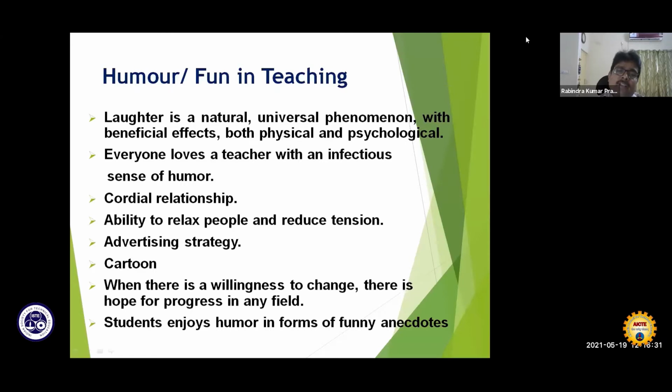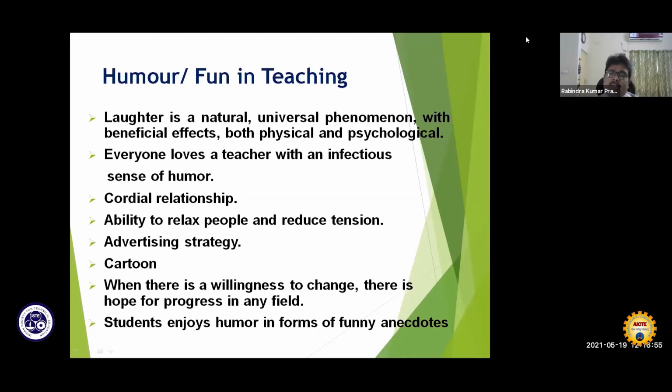So in order to make students at ease and in a relaxed mode, to create a comfort zone, a teacher has to create a little bit of fun, a little humor, a joke. A simple joke can also create a lot of relaxation in the classroom.